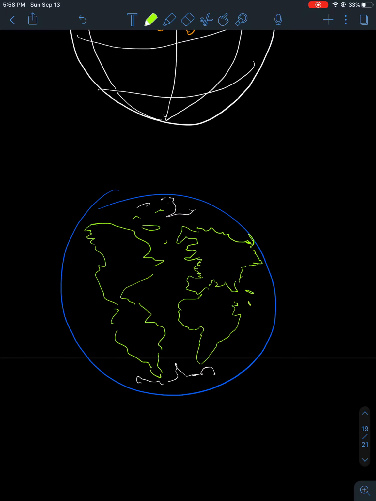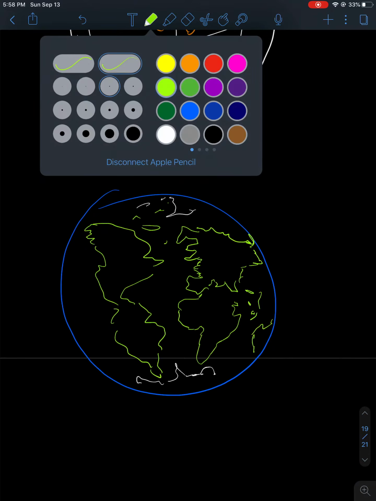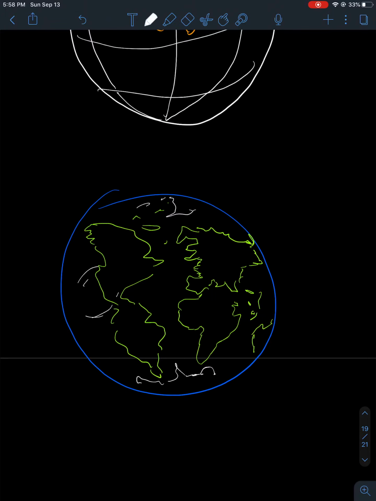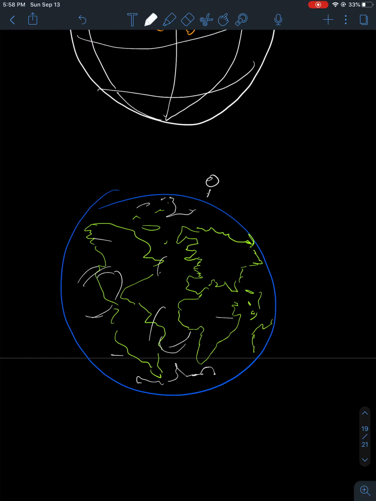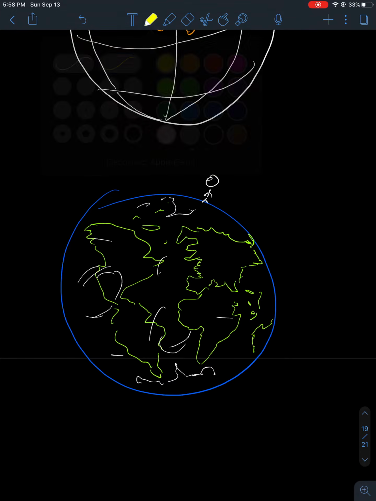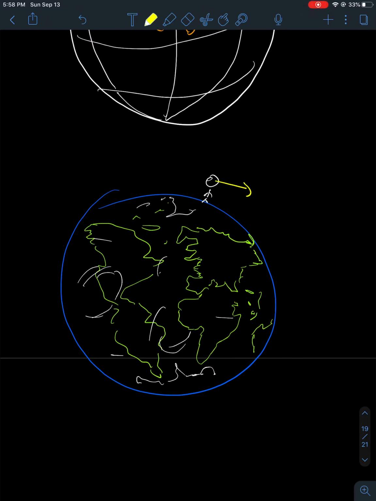But if this is the Earth, and I have all these clouds and stuff, this is the Earth's view from space, and I had some stick figure on the Earth, and he had a vector pointing out from his head.